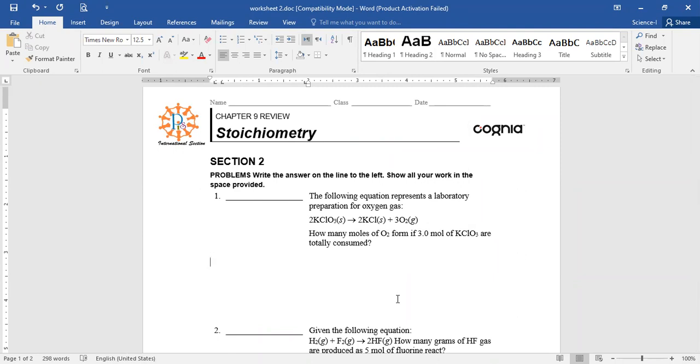The first step that we always do in any stoichiometric problem is to check whether the equation is balanced or not. Here we have 2 potassium and here 2 potassium, 2 chlorine and here 2 chlorine, 6 oxygen and here 6 oxygen, so it's balanced. Okay, so let's try to find it.